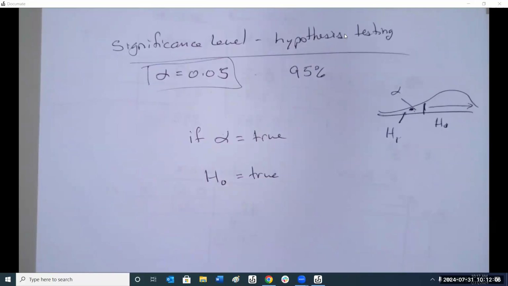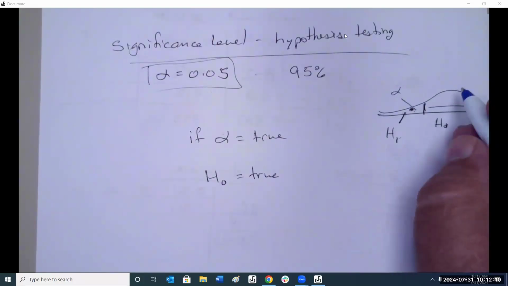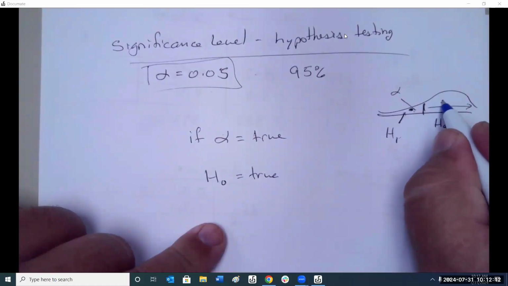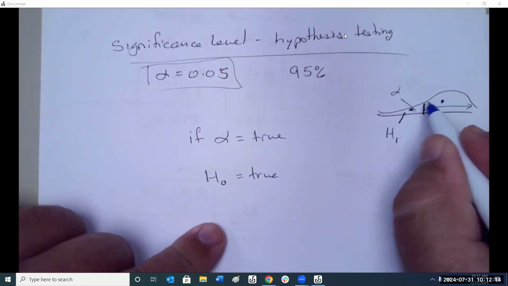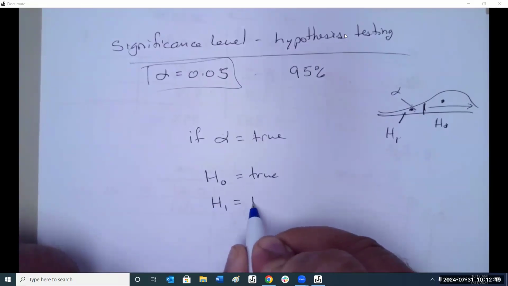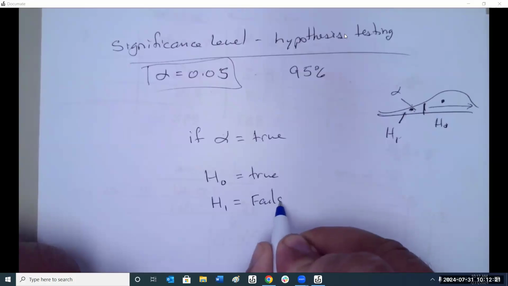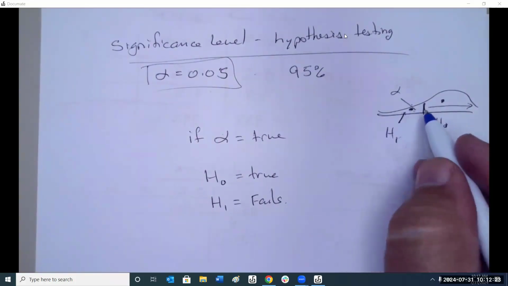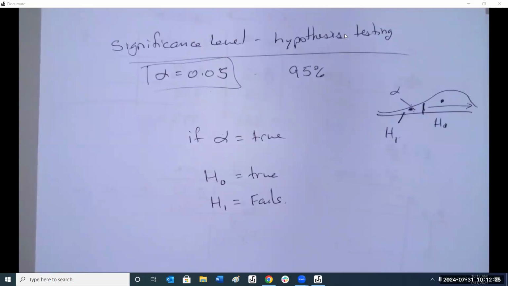It means it's greater than or equal to, or less than or equal to. So if our answer is here, that means our alternate hypothesis fails.